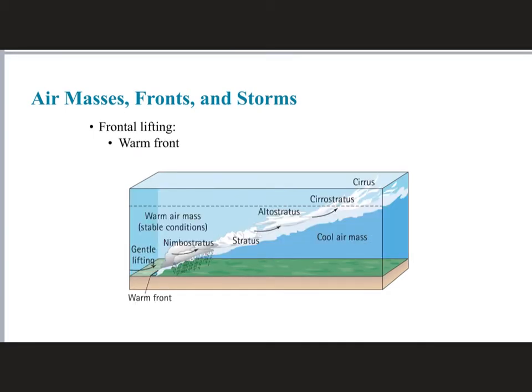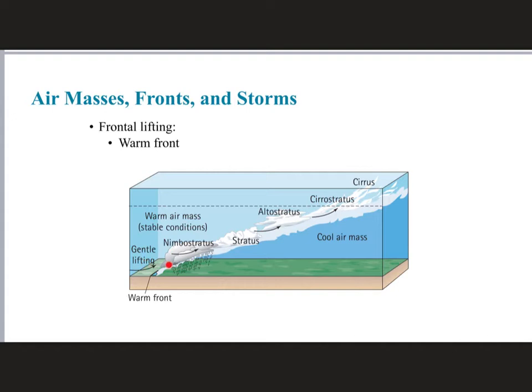Now, here we have the opposite case of a warm air mass moving into a cold air mass. In the previous slide, we saw that the cold air mass moved in and pushed underneath the warm air mass and pushed it up. Well, here, the warm air mass, as we know, warm air tends to rise, it just kind of slides up the cold air mass. And so this tends to be a more gentle shifting of the conditions.